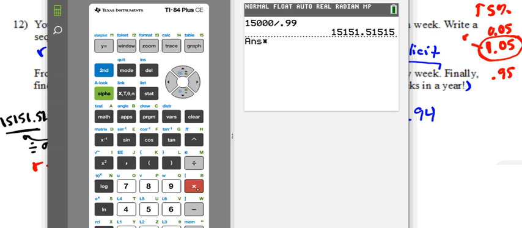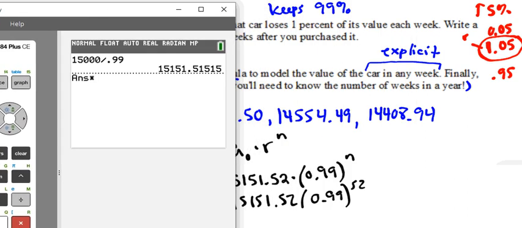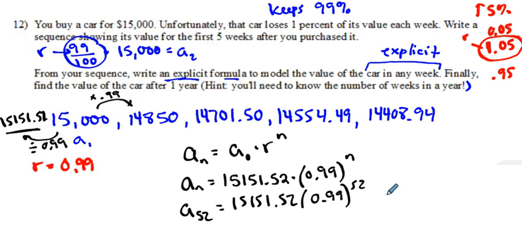I just hit multiply, and it's going to take that number and multiply it by 0.99 to the 52nd. And that value, after just a year, has gone all the way down to $8,984.34.